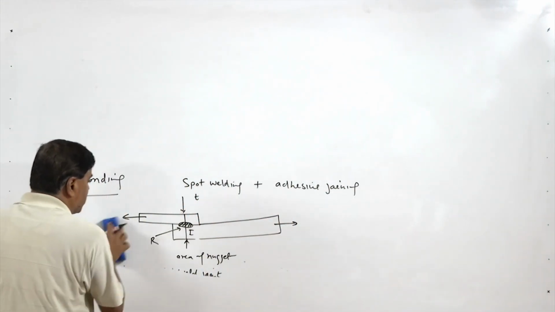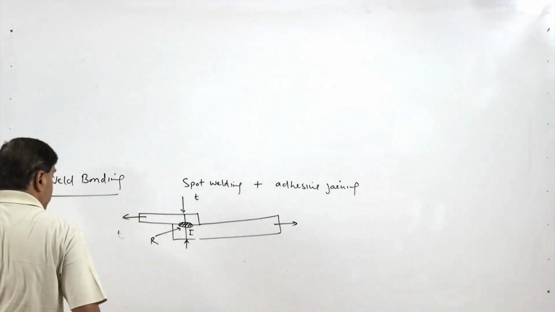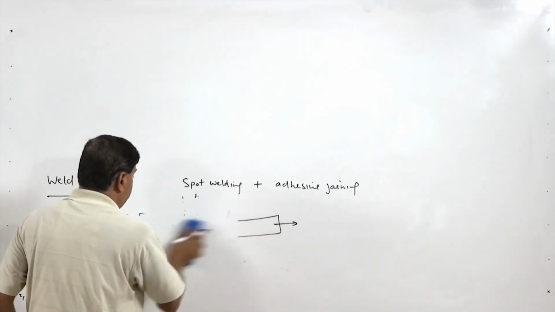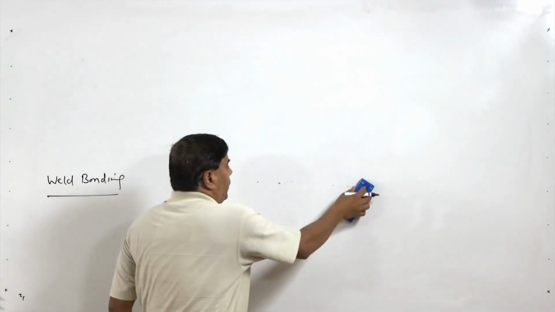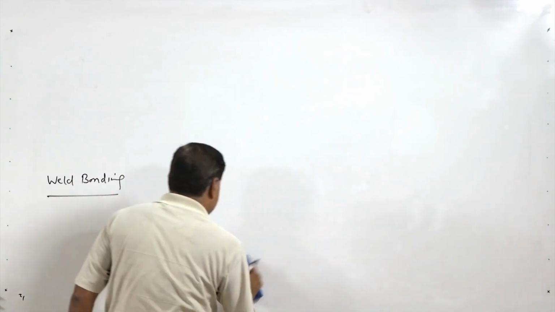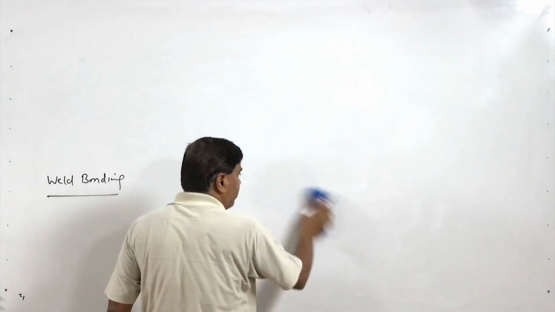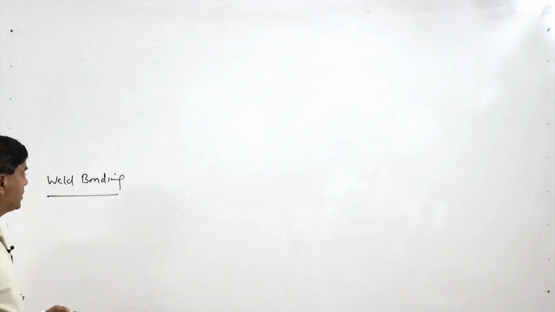One of the approaches here is the use of adhesives in combination with the spot weld nugget. There are two approaches used for combining the two processes, spot welding and adhesive joining.